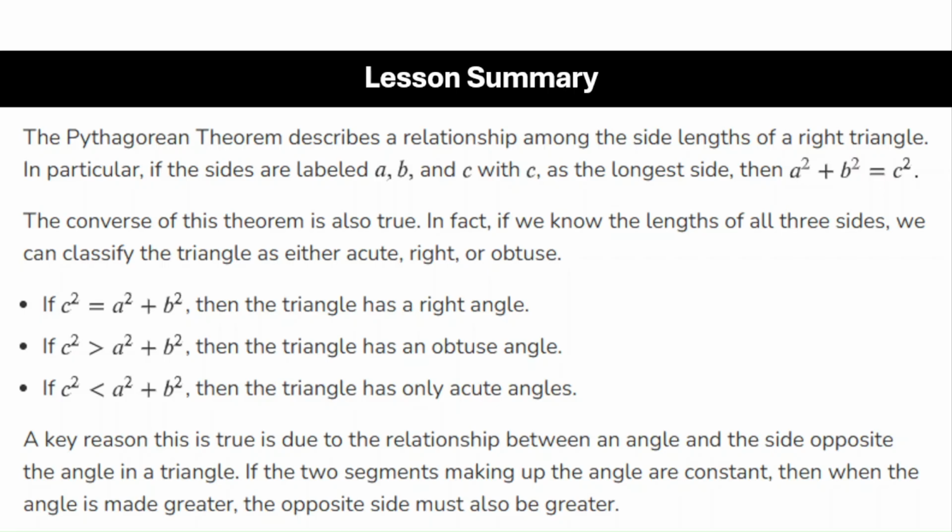A key reason this is true is due to the relationship between an angle and the side opposite the angle in a triangle. If the two segments making up the angle are constant, then when the angle is made greater, the opposite side must also be greater. So think about a triangle, and you have the point of the triangle towards yourself.